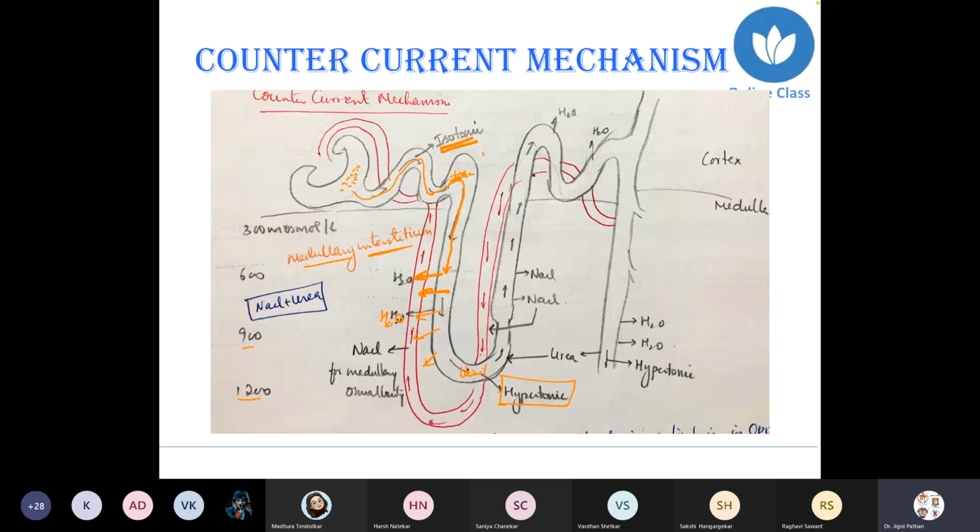Do you agree with me? We are just talking about the descending loop of Henle. As the filtrate passes through it toward 1200 milliosmol per liter, water comes out, and the filtrate becomes hypertonic because there is less water and more waste. Do you agree?